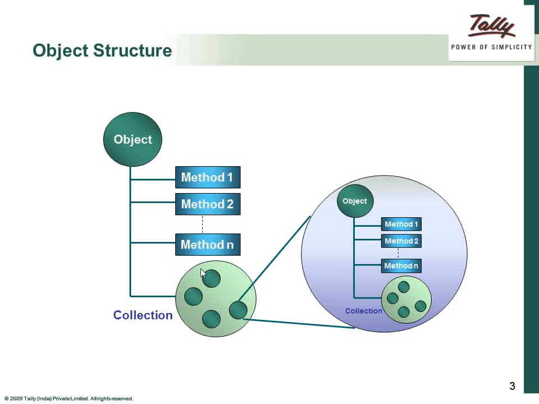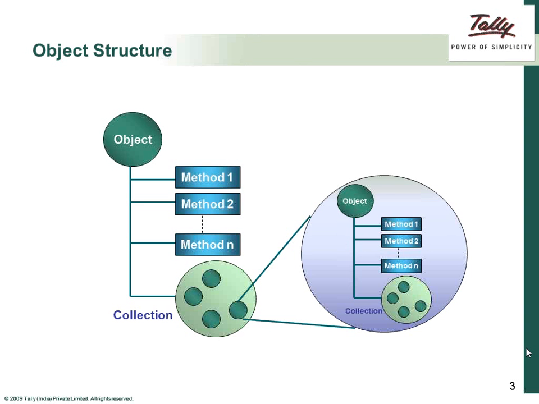So one object has methods and collections. This collection is a group of objects, which means each object of this collection may further have methods or further have collections, and will continue its hierarchy till the level where the object only contains methods.